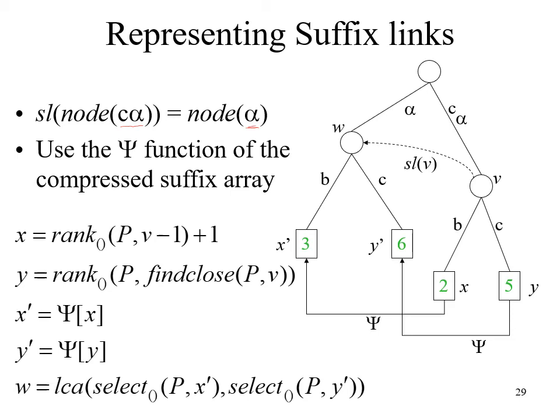So if the label of this node is C alpha, then its suffix link points to another node W whose label is alpha. Okay. There may exist some other nodes.